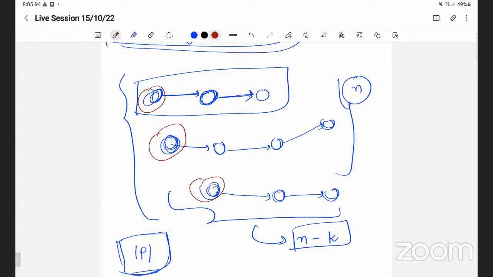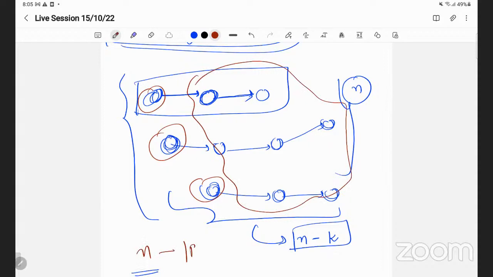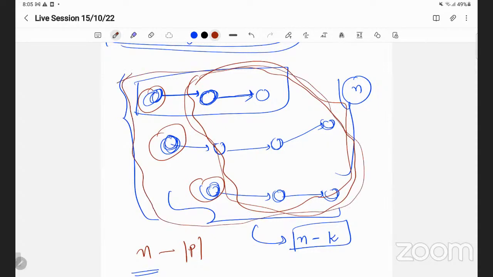And there are the remaining vertices, n minus p of them. Each of these remaining vertices has exactly 1 in-degree, that means each is connected with 1 incoming edge. Thus the total number of edges in this setup will be exactly n minus p, because these n minus p vertices each have exactly 1 in-degree, and each represents 1 unique edge.